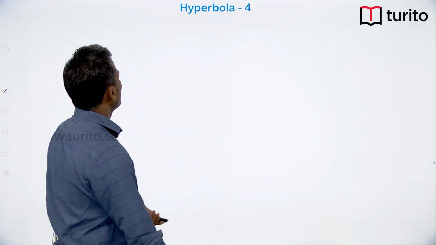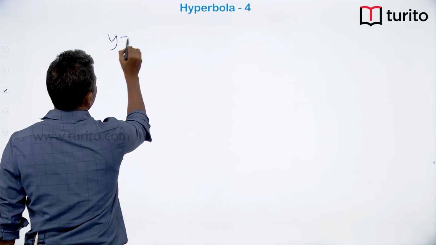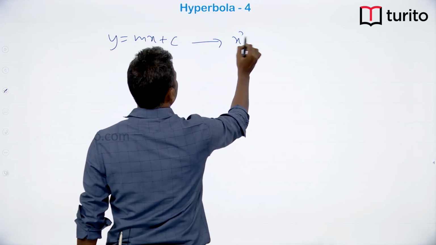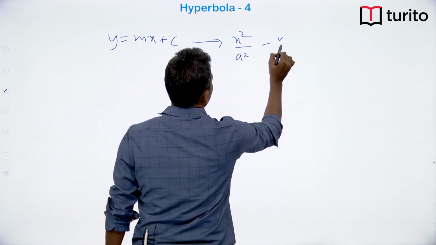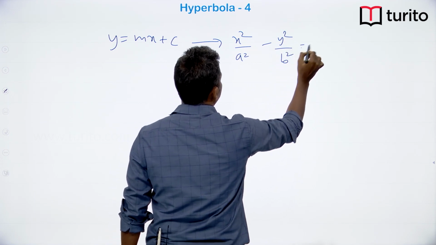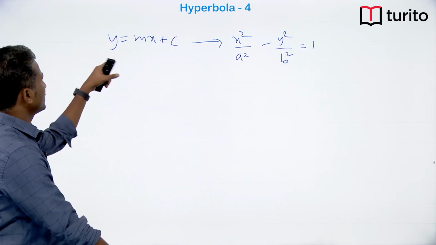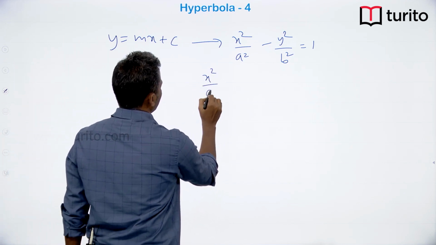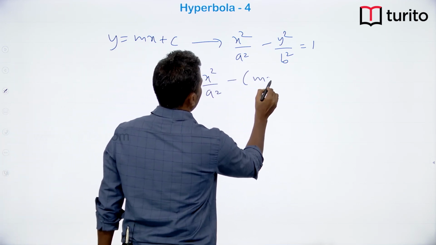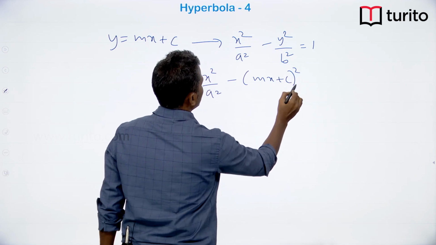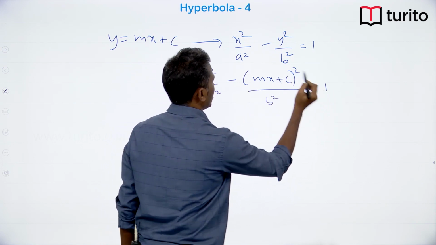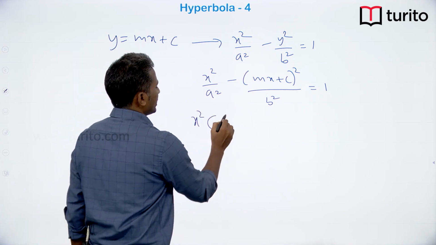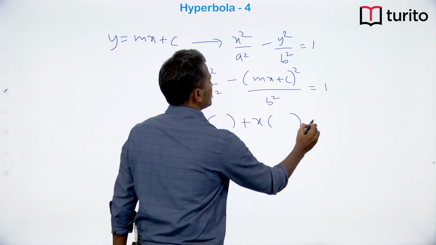For example, here if we take this y equal to mx plus c and substitute this in the equation, suppose directly if I substitute this for y, what do I get? x square by a square minus (mx plus c) whole square by b square equal to 1. So, here I am going to get one quadratic equation in terms of x.